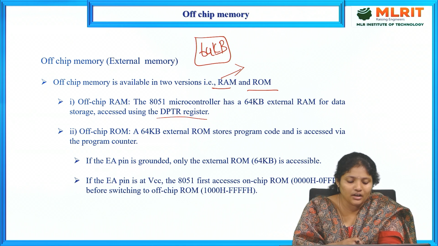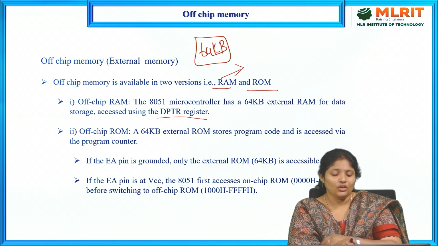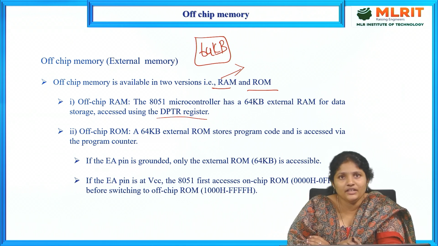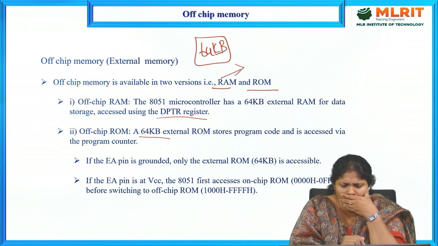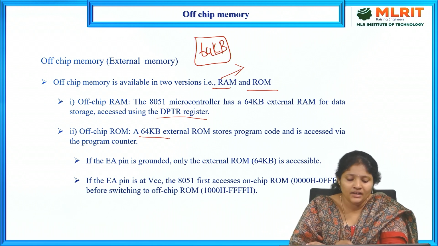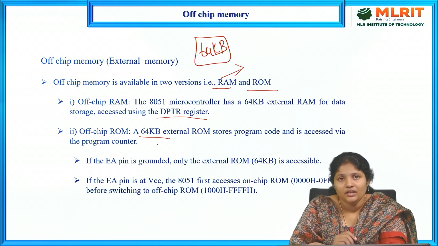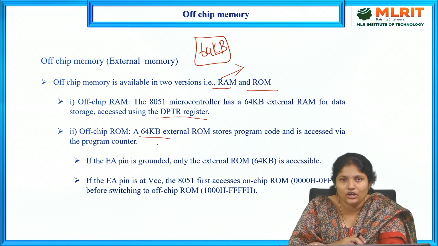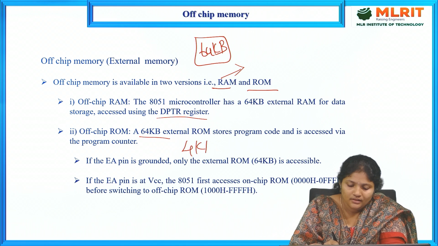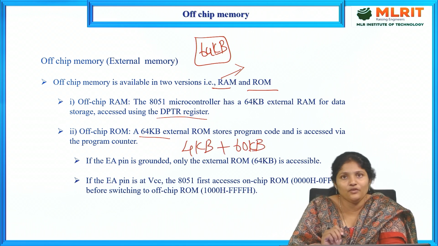Coming to the ROM, the off-chip ROM of 8051 can support 64 KB. But out of 64 KB, if the processor wants to fetch data, first it will fetch the internal data of 4 kilobytes and external data of 60 kilobytes, total 64 kilobytes.